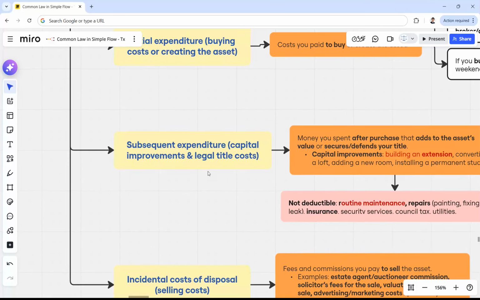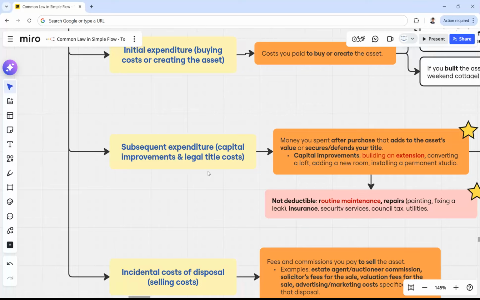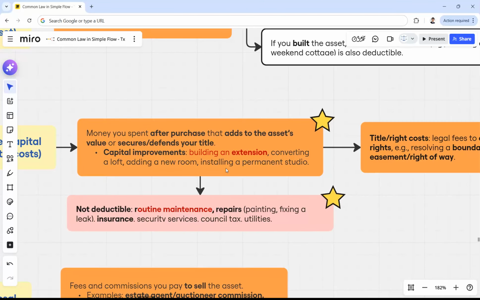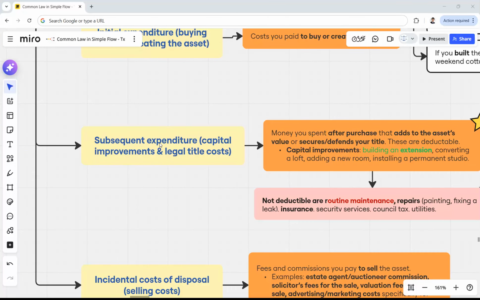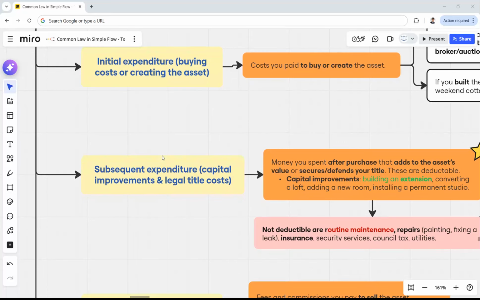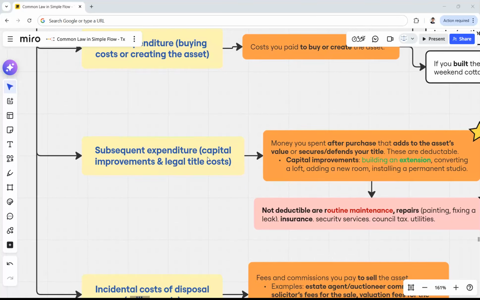Subsequent expenditure: capital improvements and legal title costs. More money you spend after purchase that adds to the asset's value or secures and defends your title. So this is the money you spend after the purchase, not during the purchase. The previous one was your costs when you were purchasing, buying or creating your asset.